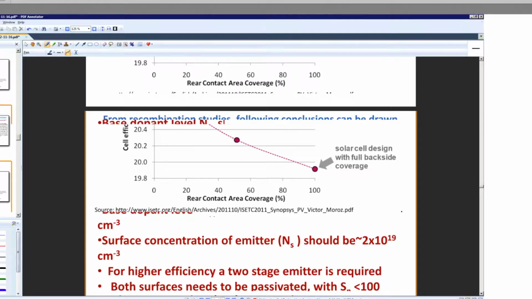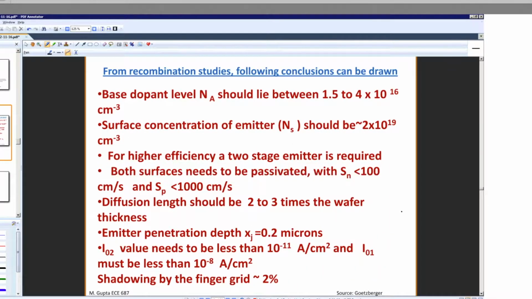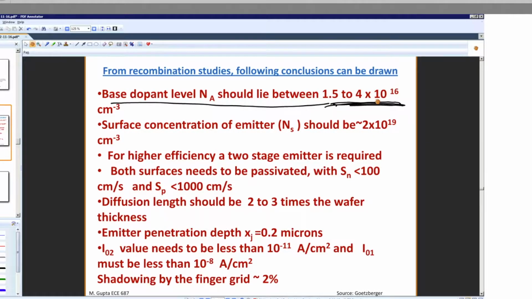Okay, so let's summarize what we have learned from the simulations. In order to achieve a high efficiency solar cell, we need to have the base dopant level around 10 to the power 16. So when you go in the lab to fabricate a solar cell, you make sure you choose a silicon wafer with a doping level in that range. That's one design parameter.